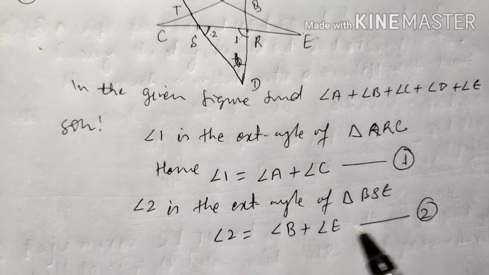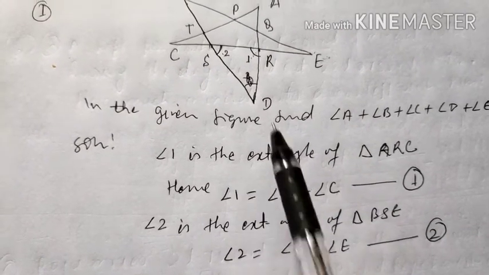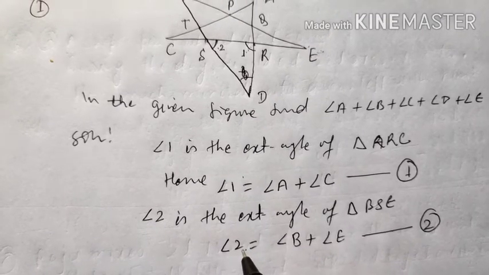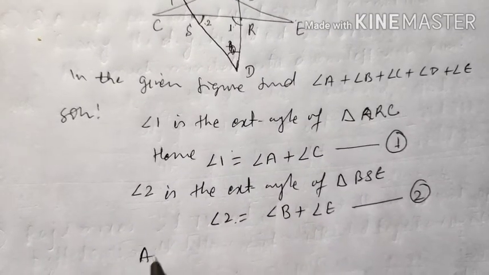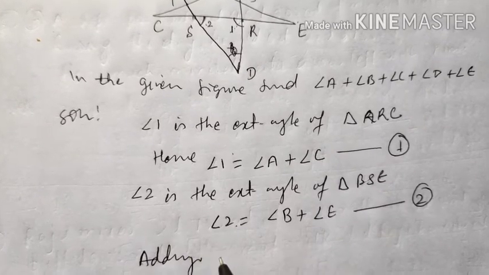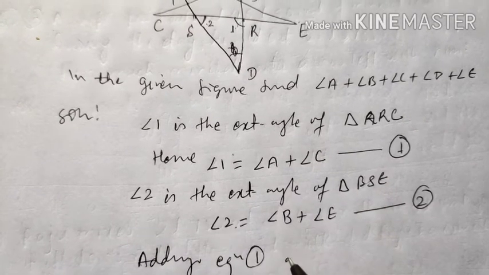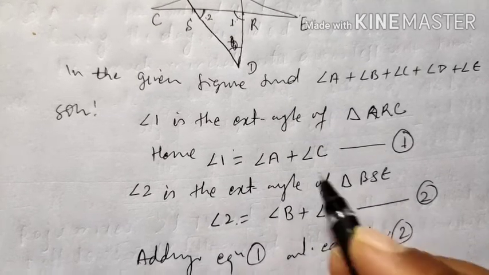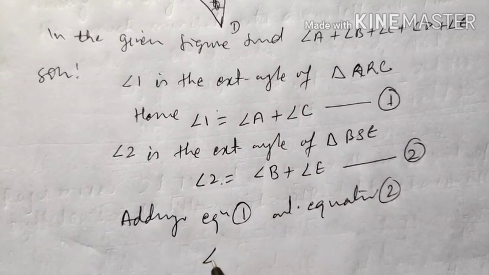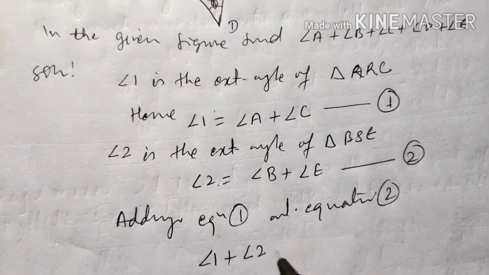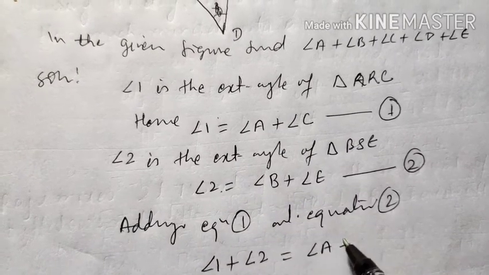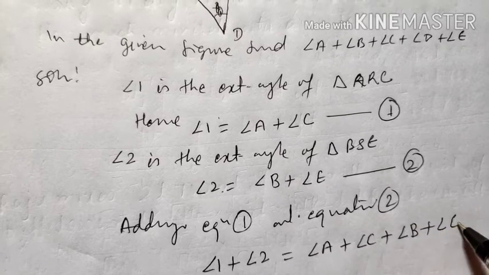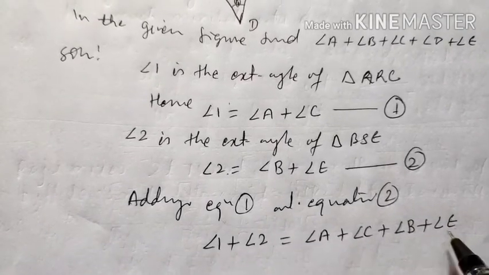Now add equation 1 and equation 2. We see that angle 1 plus angle 2 equals angle A plus angle C plus angle B plus angle E. Now, which angle is missing?